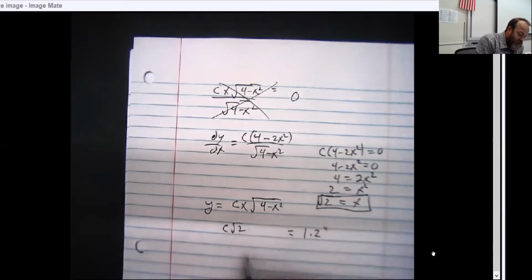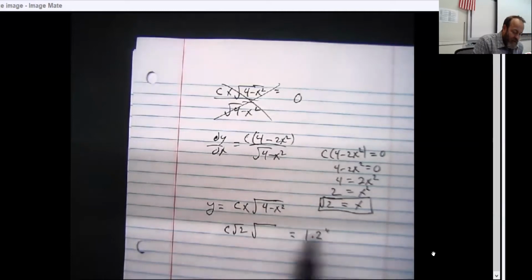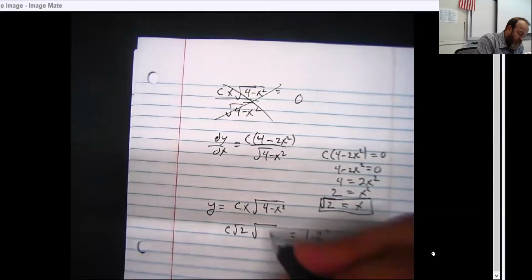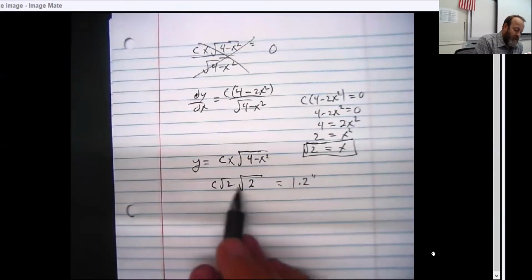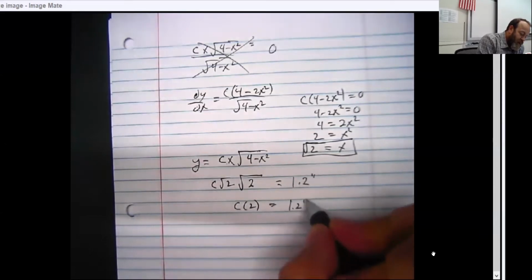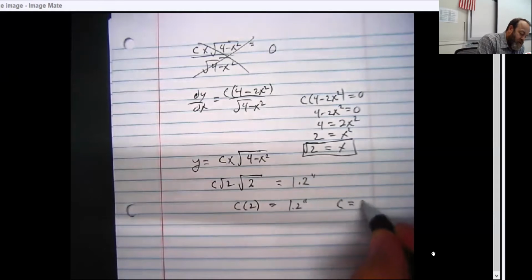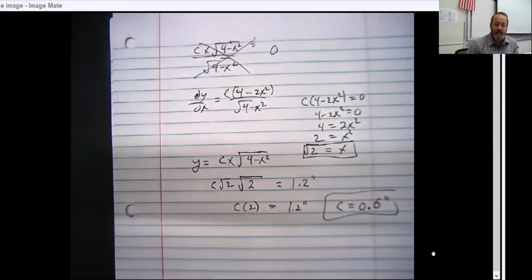So if I just replace all the x's with root 2's, now this is a little interesting because root 2 squared is 2. 4 minus 2 is 2. Well, they actually made something quite nice here because this is obviously just plain old 2. And so c, in order to attain that maximum value, has to be 0.6 inches.